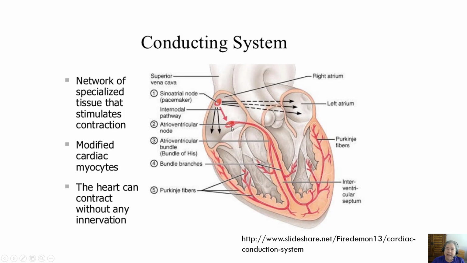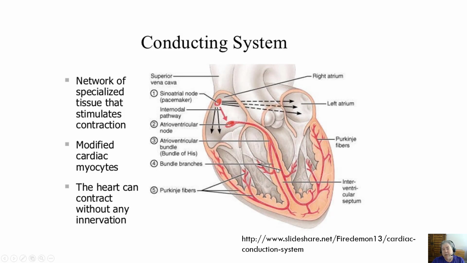When that electrical impulse gets to this fibrous base, it does not continue to flow into the ventricular muscle. What it does instead is it gets picked up at the AV node, the atrioventricular node, and it's slowed down a little bit as it flows into the bundle of His, again specialized myocytes, but functioning a little bit like nerves and carrying that action potential.